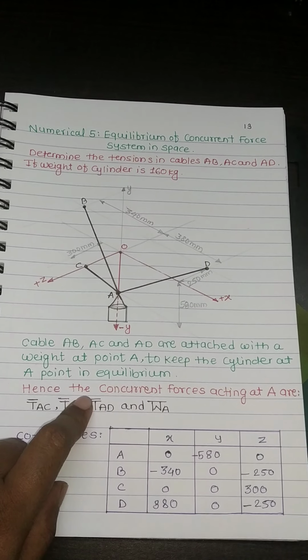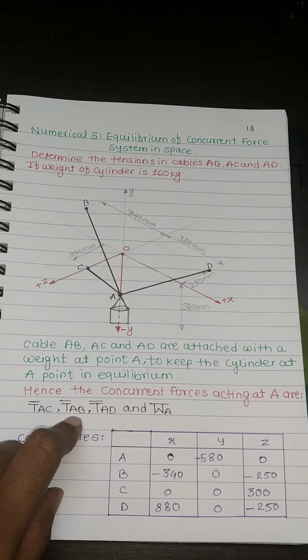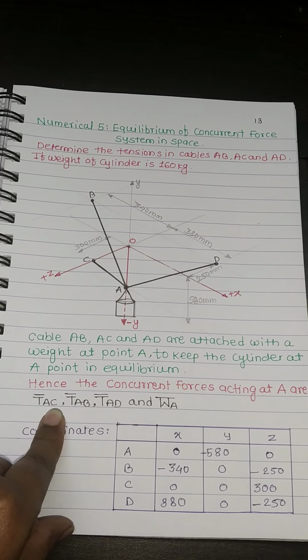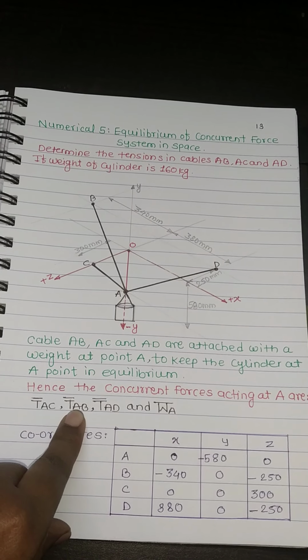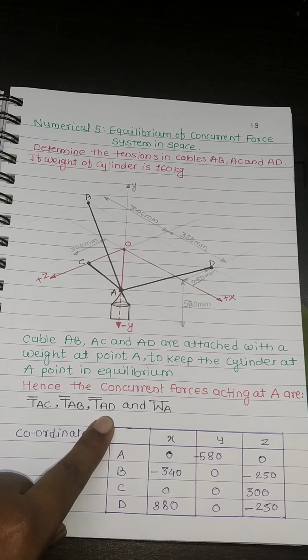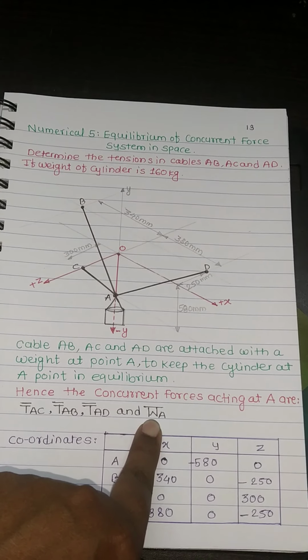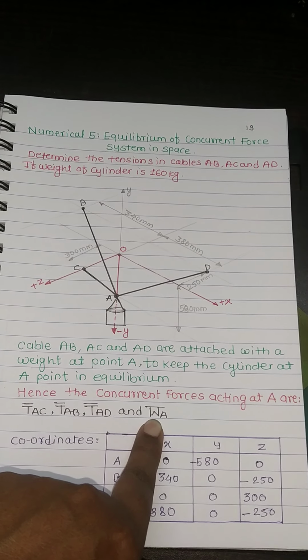For this case, the concurrent force system at point A is defined with the force vectors TAC, TAB, TAD and a vector passing from the point A in downward direction as a weight WA.